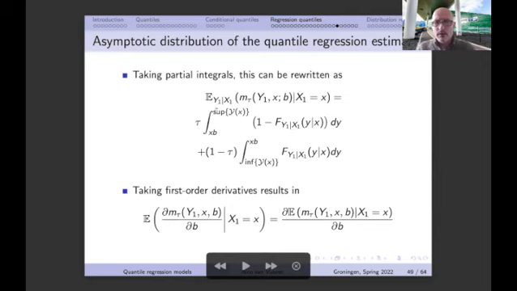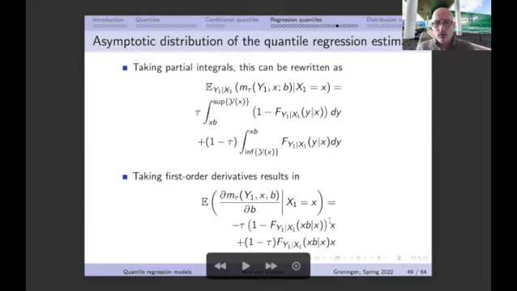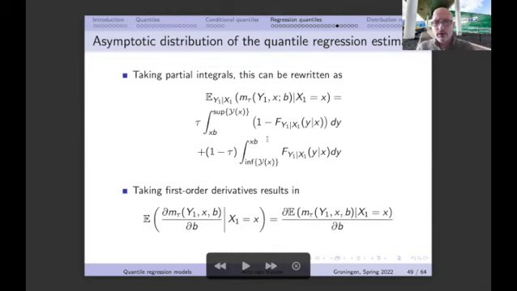Also, the supremum doesn't depend on b, but the lower bound that we have over here does depend on b. So what we're going to get in total is tau times, well, x times this thing, but evaluating x times b. So these are all these terms that we have over here. And then, in addition to that, we are going to get this term that is over here.